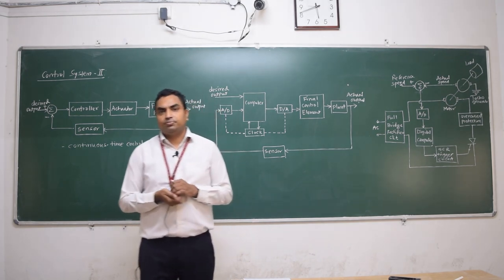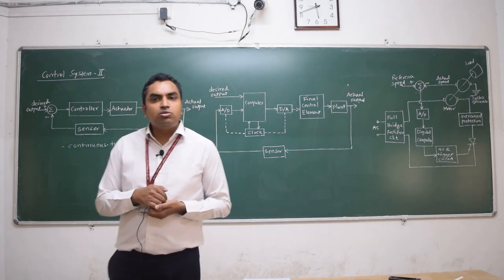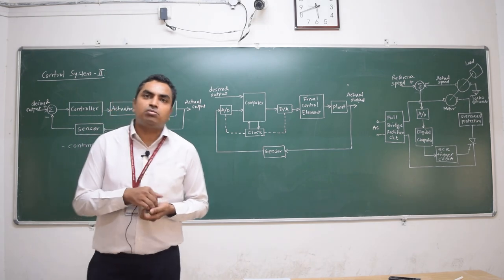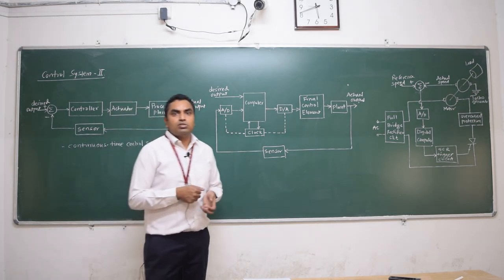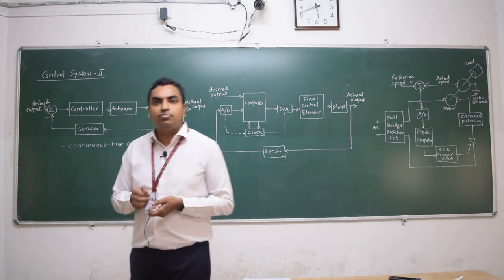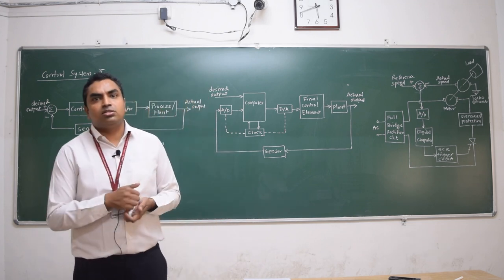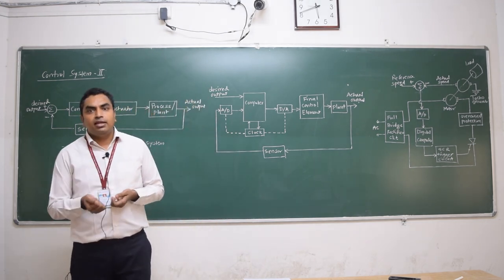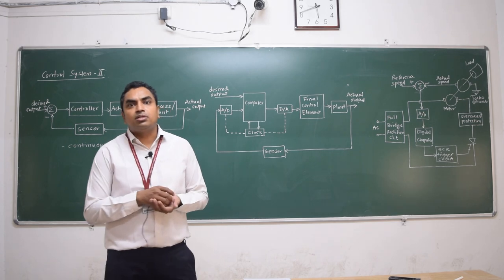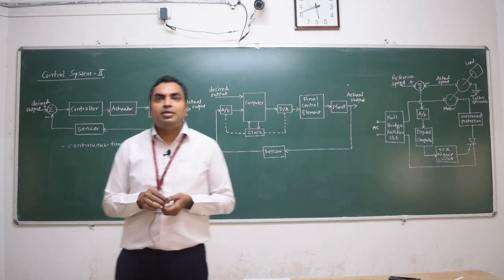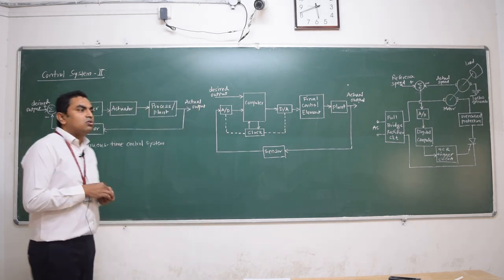And in control system 1 we have seen different types of control systems like closed loop control system, open loop control system, then feed forward control system, then tracking control system, regulating control system. So more specifically we will talk about the closed loop control system.